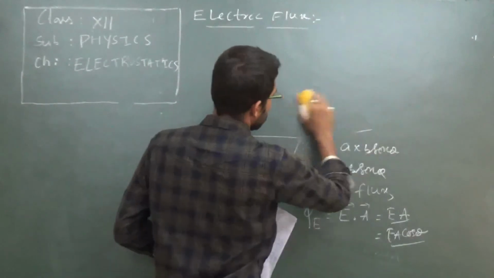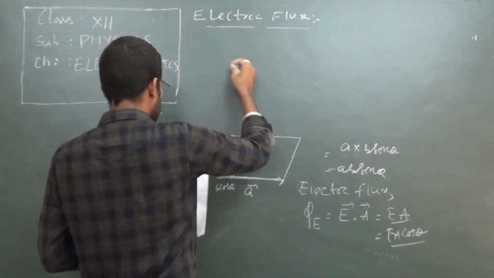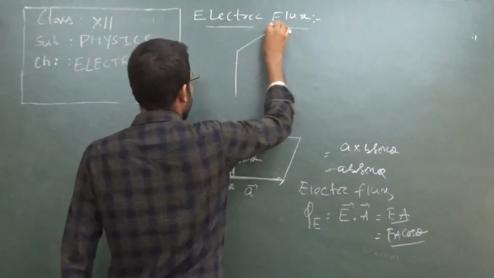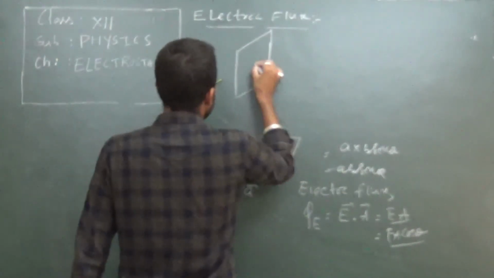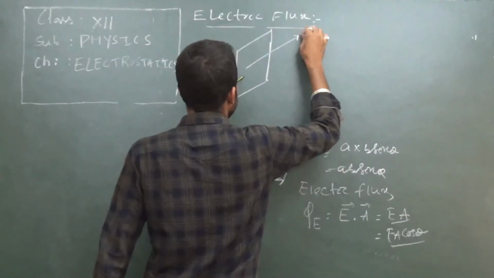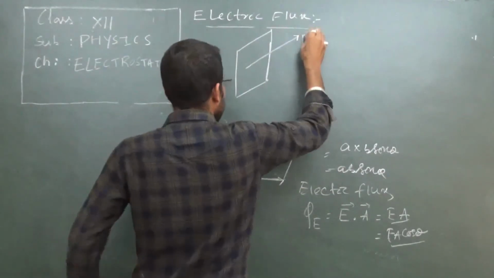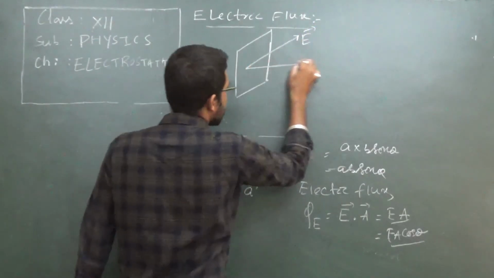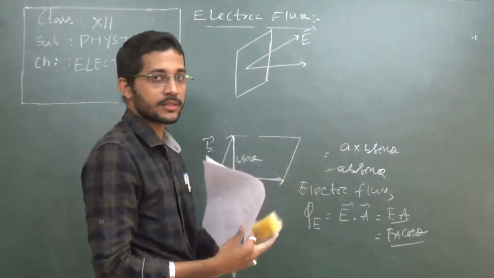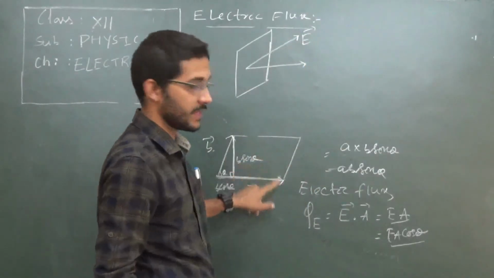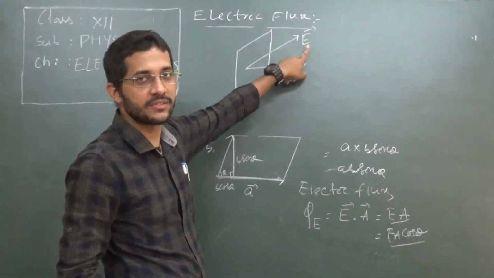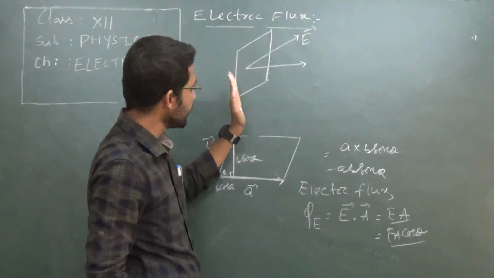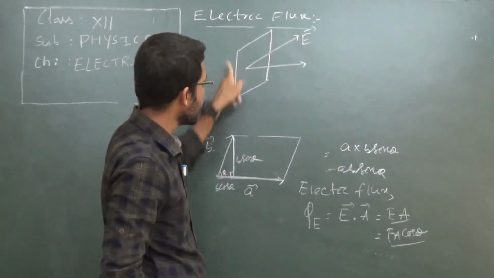So now we will discuss this particular case. Let us consider there is one region, one area, and let the electric field go like this. When I talk about area as a vector, that means we are talking about, with respect to the electric field, in which direction the particular area is facing.